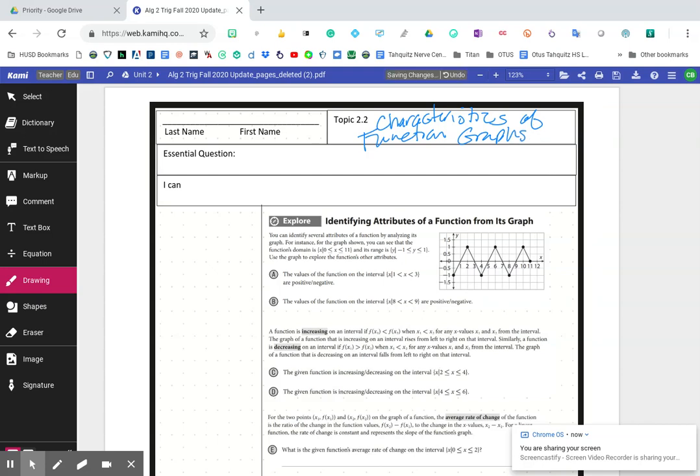The essential question should be, what are some of the attributes of a function and how are they related to the graph of the function?